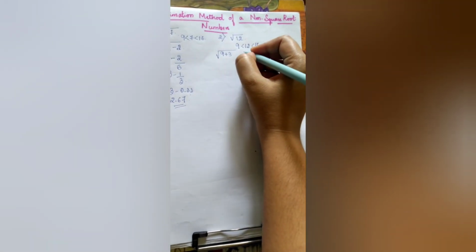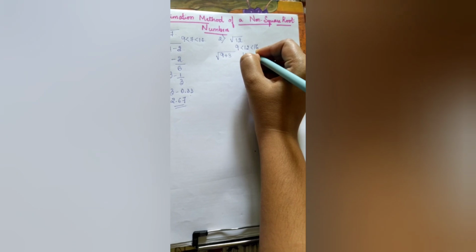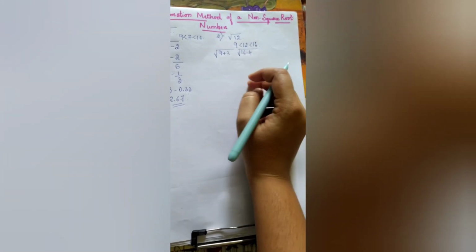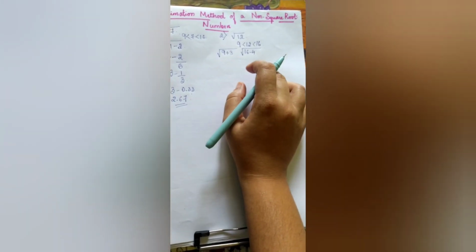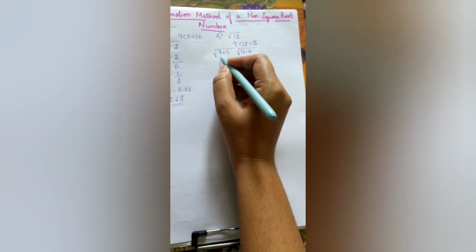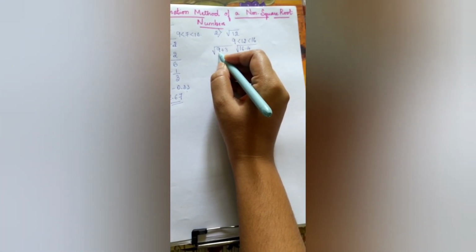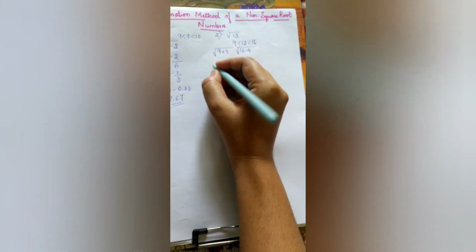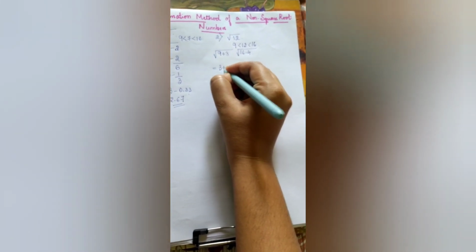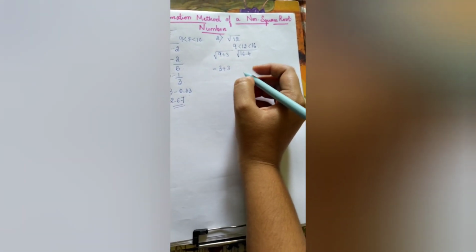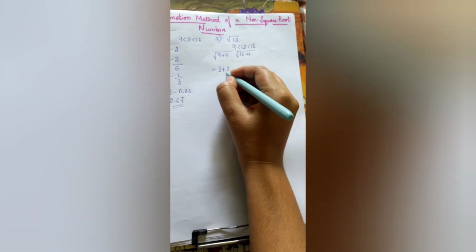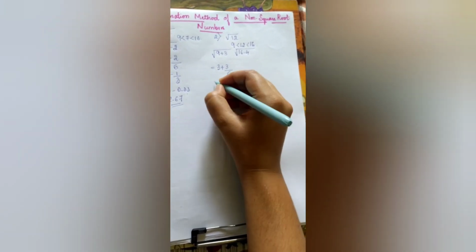Or you can also do 16 minus 4 is 12. You can do it both the ways. So what is the square root of 9? The square root of 9 is 3. 3 plus 3. So you have to write down the double of this number, that is 6.